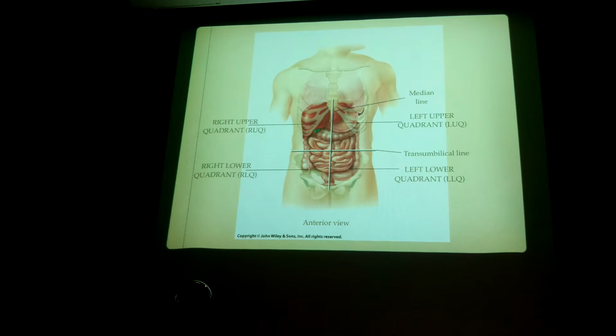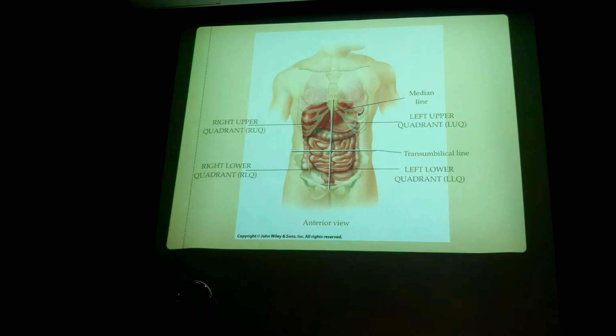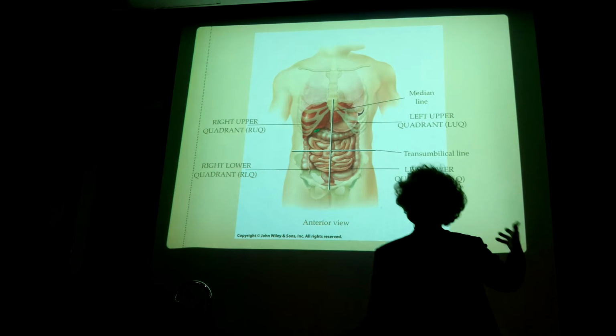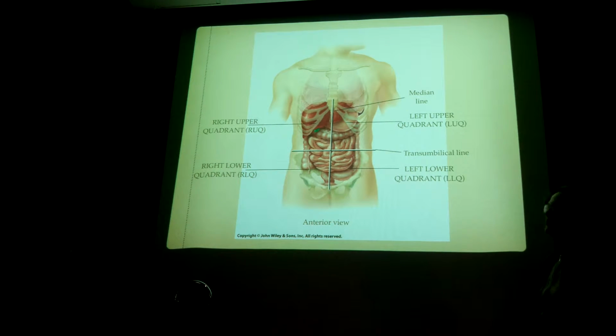Okay, so just moving on with this introductory phase of how to look at the body. This is a picture showing very simply these quadrants. And it really is this simple: right upper, right lower, left lower, median line, left upper quadrant. Even though we haven't studied these organs yet, you all have these organs, you might be familiar with them.